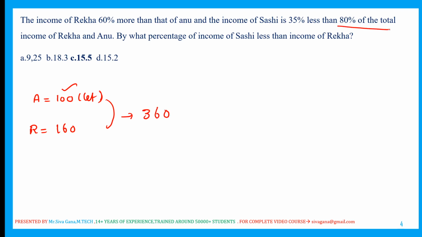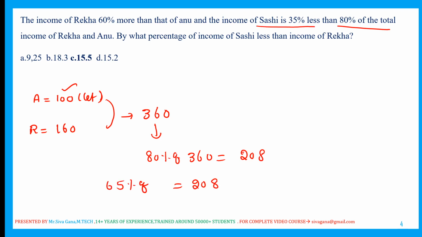Sashi's income is 35% less than 80% of the total income of Anu and Rekha. What is 80% of 260? It is 208. So this 208 is equal to what? 35% less, that is 65% of Sashi's income.